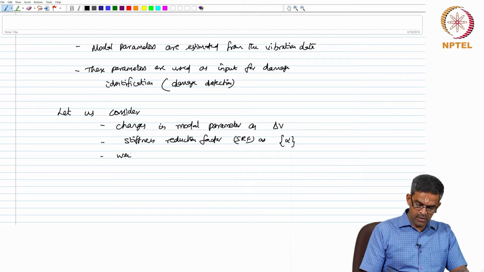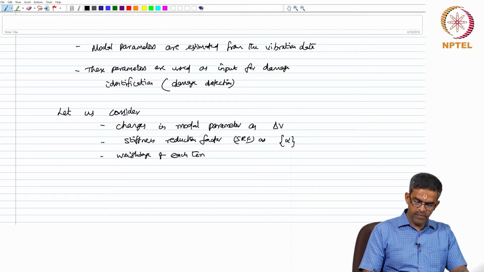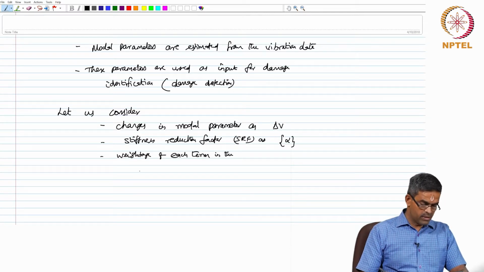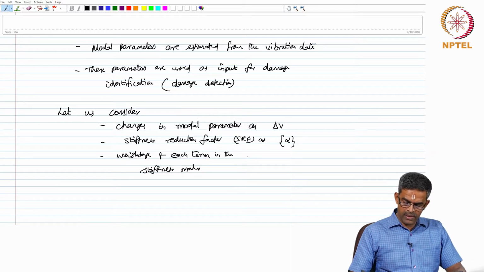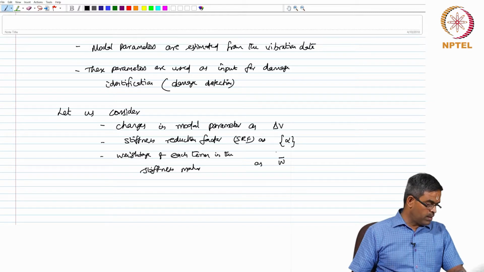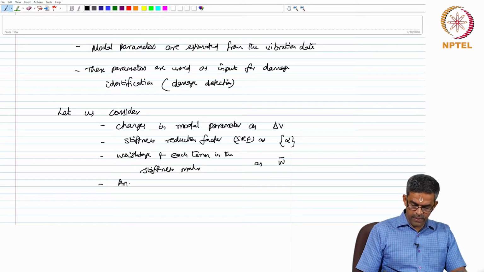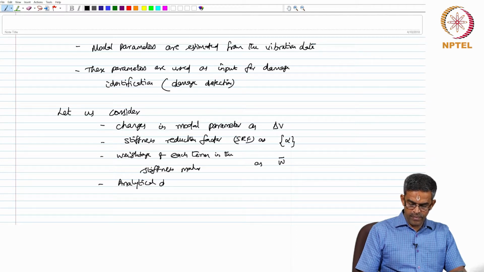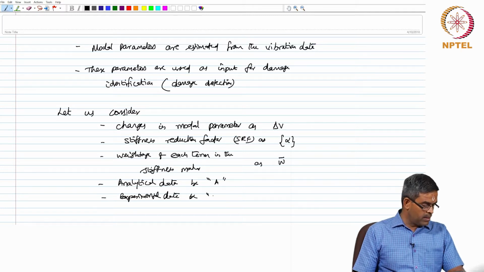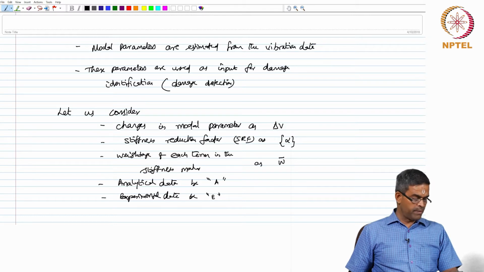Let us consider the weightage of each term in the stiffness matrix of the member as W bar, and let analytical data be represented by capital A and experimental data be represented by capital E. It is not Young's modulus, it is experimental data.